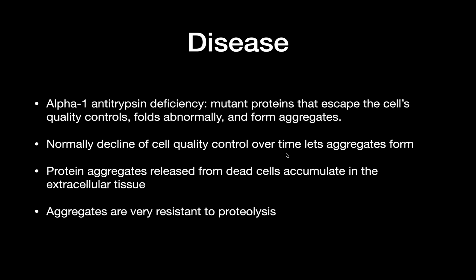So since they can't really degrade the aggregates as well, they will degrade our own tissues, and that causes emphysema. So normally over time, cell quality control kind of declines and lets the aggregates form, and those aggregates accumulate in extracellular tissue and lead to dementia because the aggregates are very resistant to proteolysis.